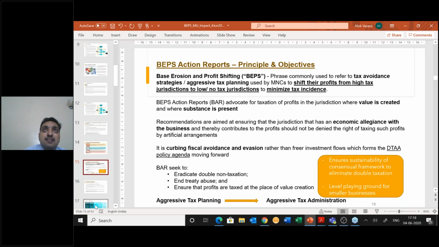Because what can happen is, suppose countries allow this thing to happen, some countries will benefit, other countries will stand to lose out, and then there will be unilateral decisions by countries to impose taxes, which will definitely not be good for the trade in the longer run. So one of the objectives of BEPS is also to ensure that there is a level playing ground for smaller businesses.